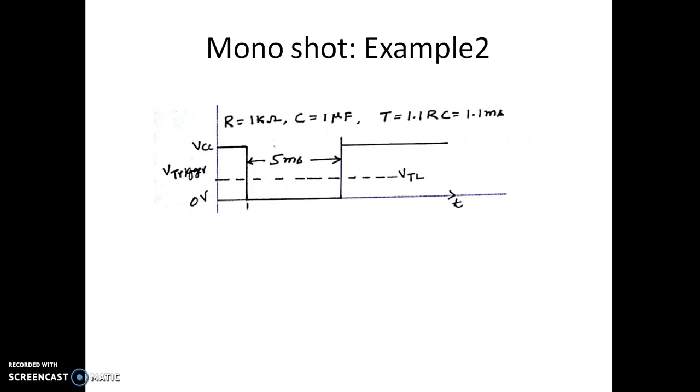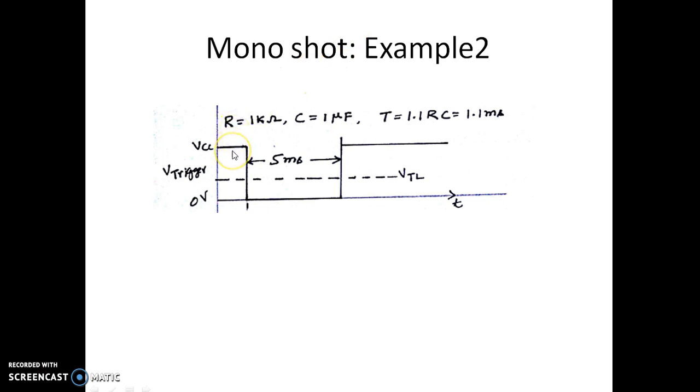Let us consider a second example where we intend to have a monoshot multivibrator with R equal to 1 kilo ohm and C equal to 1 microfarad, which results in a pulse width of 1.1 millisecond.